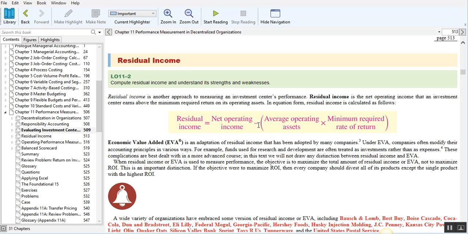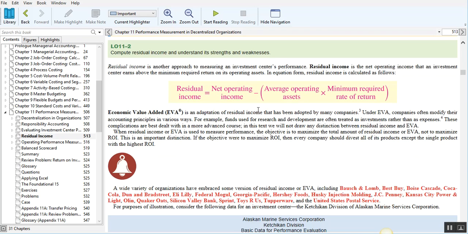Another measure of performance is residual income, and residual income is just taking the net operating income and subtracting from it the minimum required rate of return on assets multiplied by the average operating assets. So we're going to calculate what this minimum required rate of return is in dollars and then subtract it from net operating income.